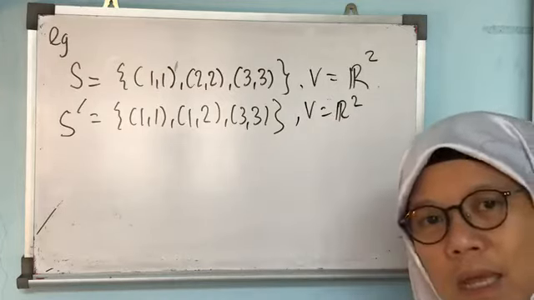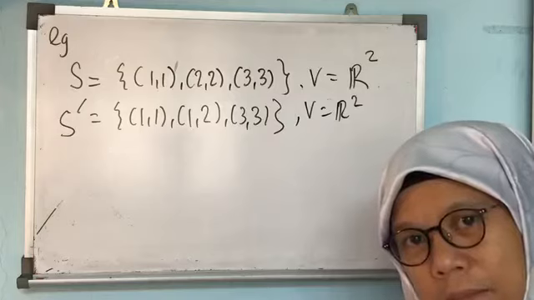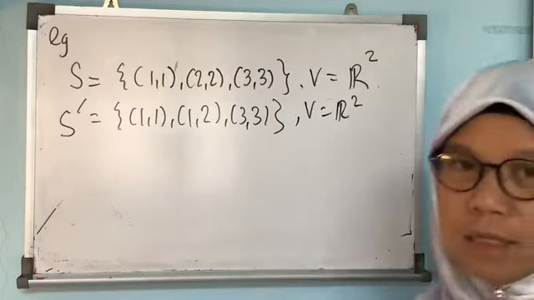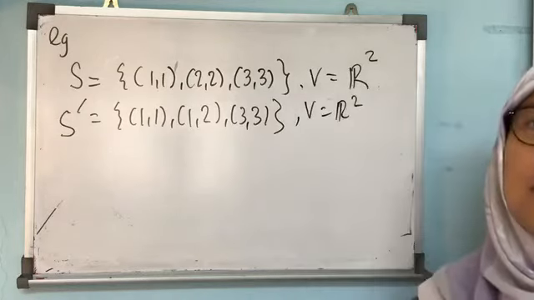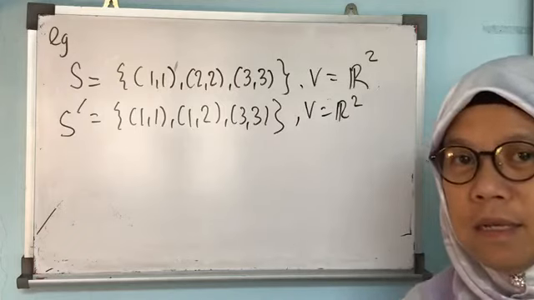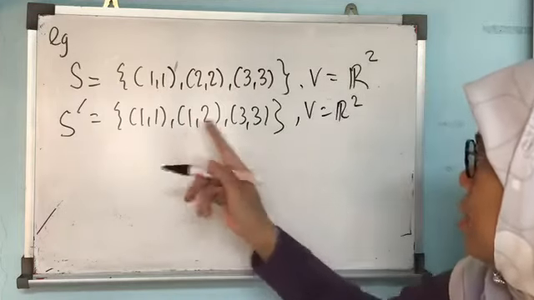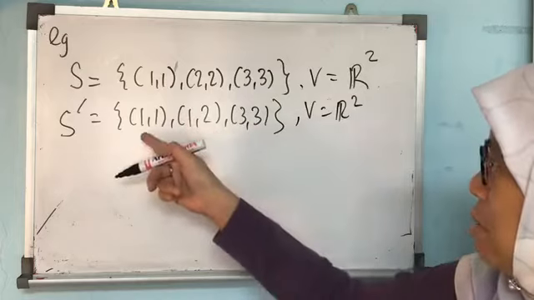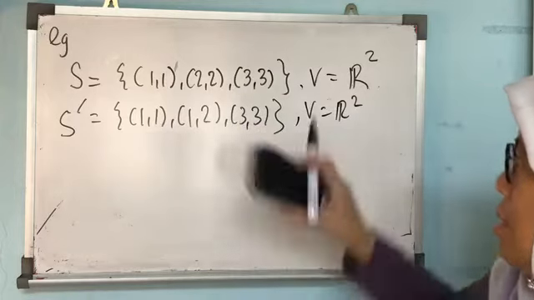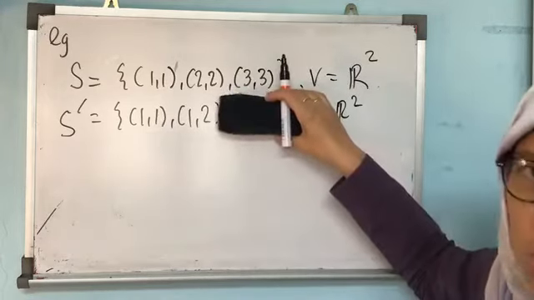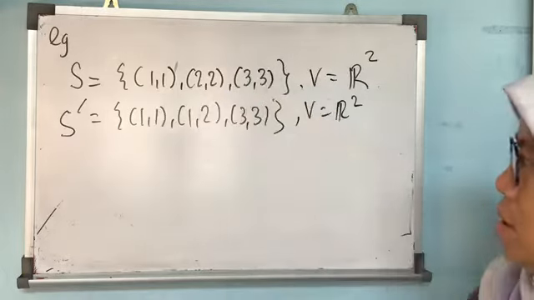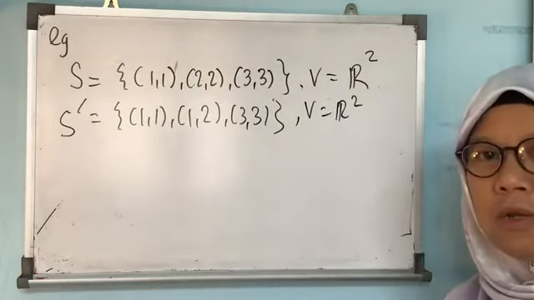M is bigger than N. But in this case, the answer is yes. It spans because you don't need this one, because this is a multiple of this. You just throw this away, right? This already spans because the determinant is not 0.